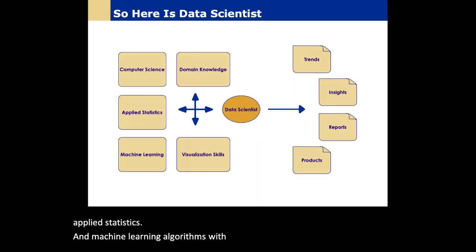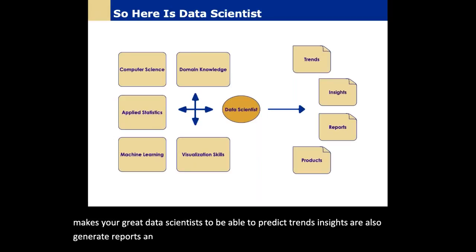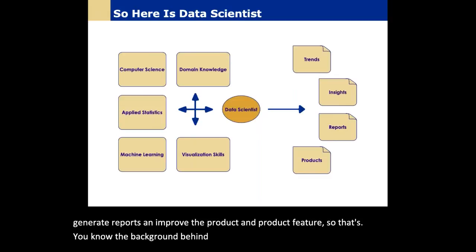All of them put together make you a great data scientist, able to predict trends and insights, or also generate reports and improve the product and product features. So that's the background behind the skill set, the fundamental building blocks of what makes a data scientist.